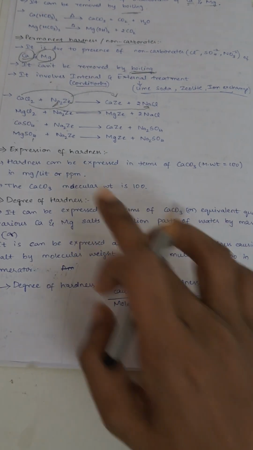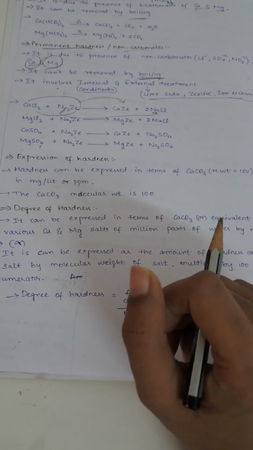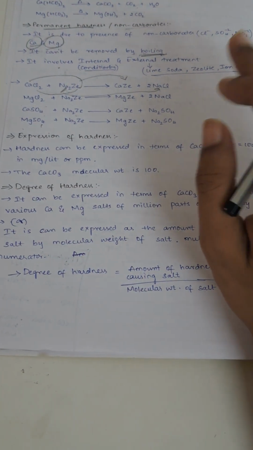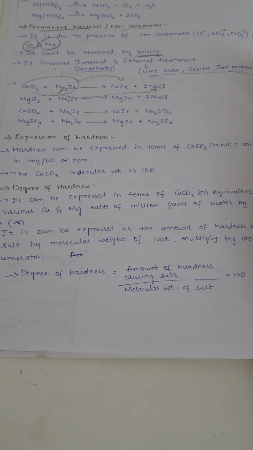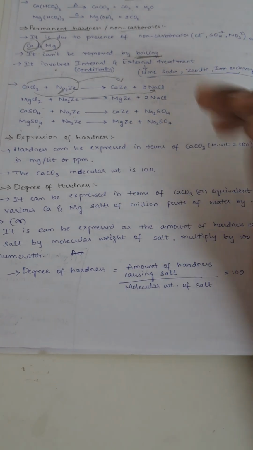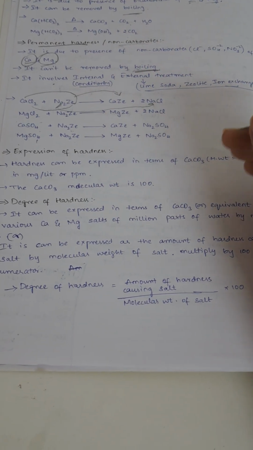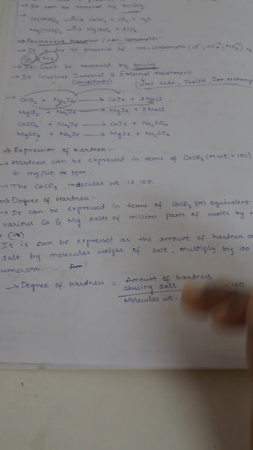Now let's discuss expression of hardness. We have identified that it contains bicarbonates of calcium and magnesium or non-carbonates of calcium and magnesium, as temporary or permanent. Now how much hard water is there? How is it expressed?